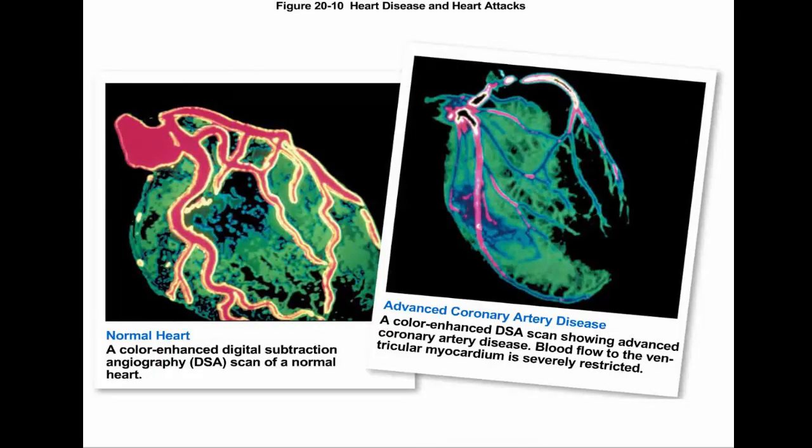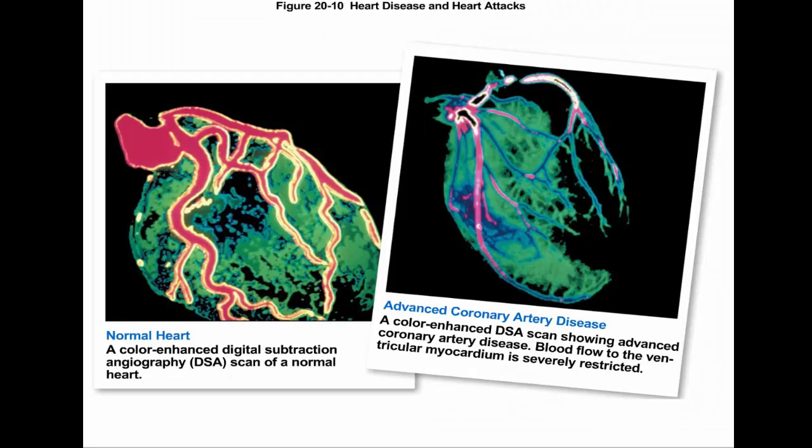Here we can see photographs of an angiogram. This is where the person has presented with coronary artery disease, and you can see on the left we've got the normal heart, colour enhanced through angiography, and we've got normal blood circulation, nice thick coronary arteries supplying blood to all of the surface of the cardiac muscle.